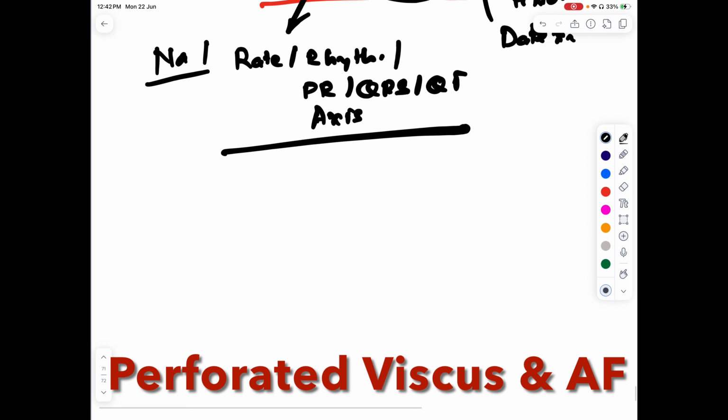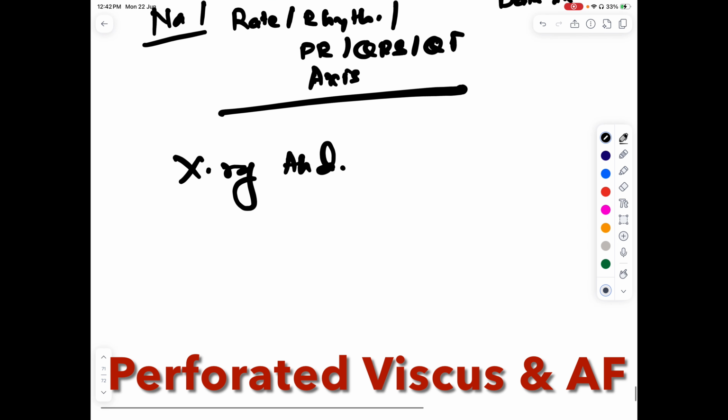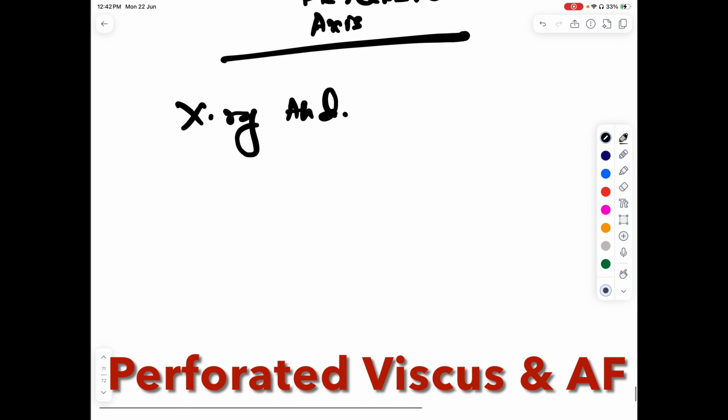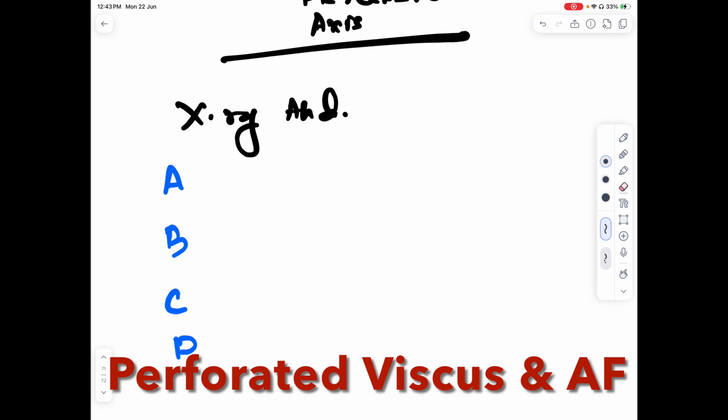So how will the X-ray abdomen be? It's an X-ray abdomen standing. See what you have to look for. Again, the X-ray has to be read in this manner: A, B, C, D. A is the airway, whether the trachea is central or deviated, rotation, pneumothorax, effusion, whatever is there.